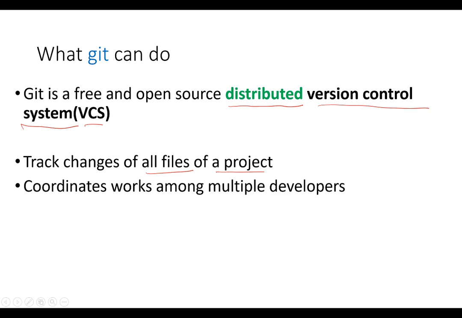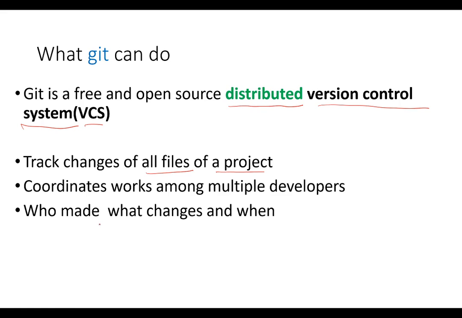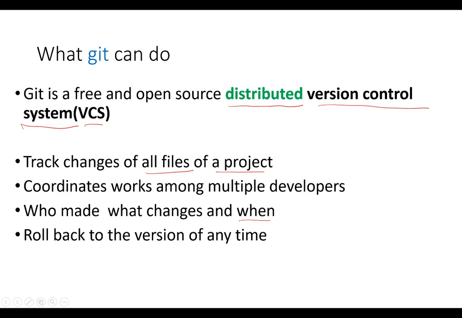Git will record all the changes to each file in the project. Git will record who made what changes and when these changes were made. With Git, you can look back to a version of any time.